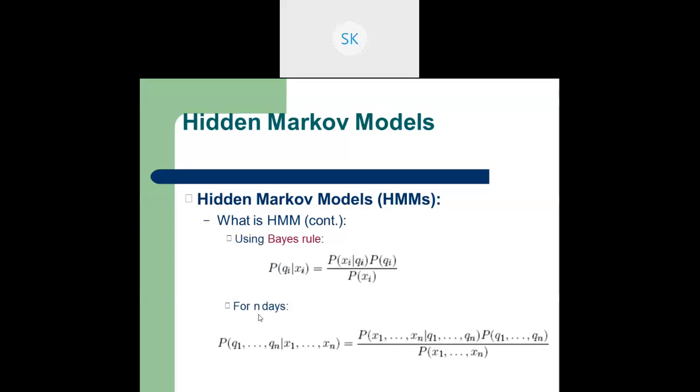So for n days, this leads to Q1 to Qn, that is n number of days, and observations x1 to xn. Just expand this formula with respect to x1 to xn and q1 to qn: the probability of q1 to qn given x1 to xn.